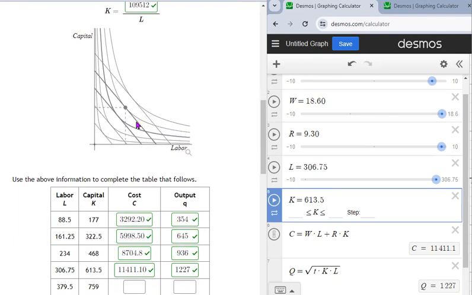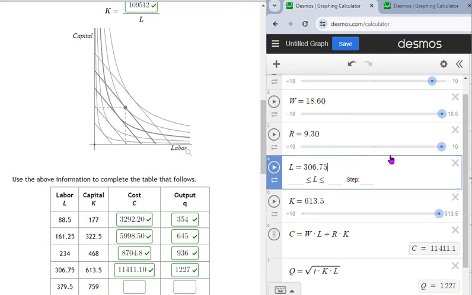This isocost line that is tangent to this isoquant curve at this point represents the cost minimizing level of capital and labor that is sufficient to make 1,227 units of output. And that labor level is 306.75 units of labor and 613.5 units of capital, right?